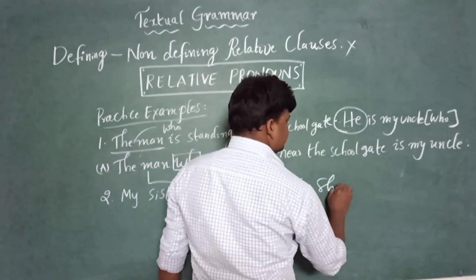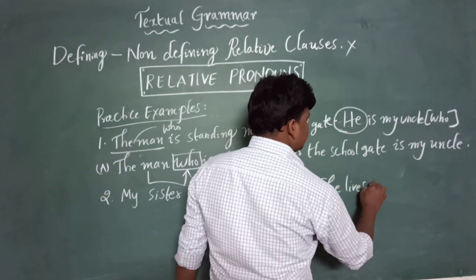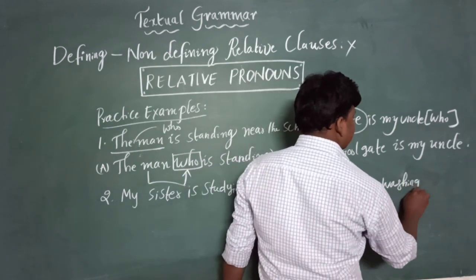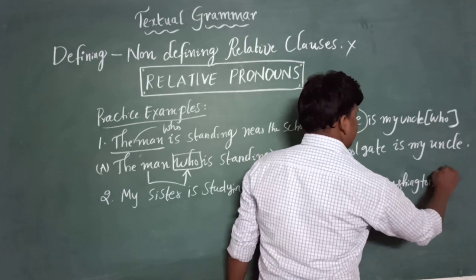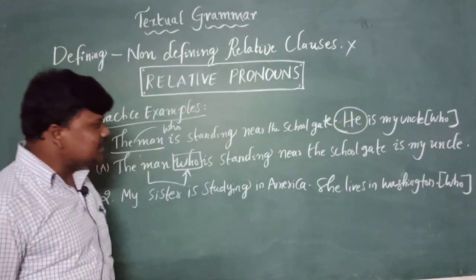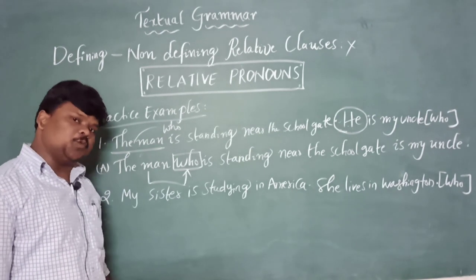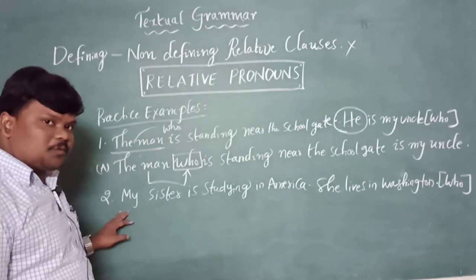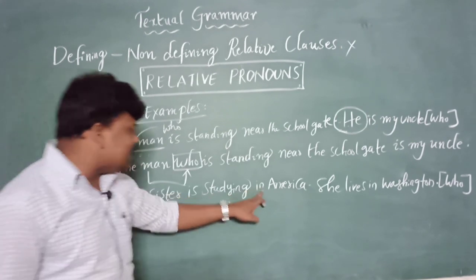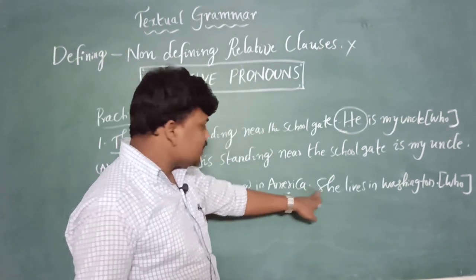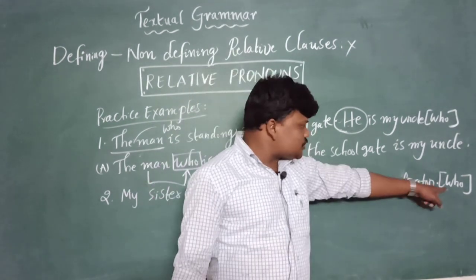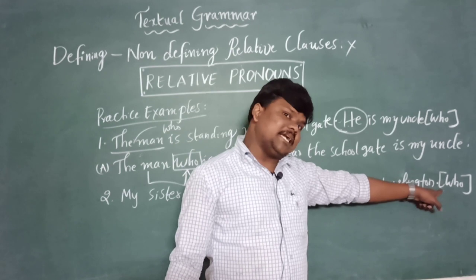She lives in Washington. We need to combine the two sentences with who. What might be the question? My sister is studying in America, full stop. She lives in Washington. So what is the instruction given at the end of the question?